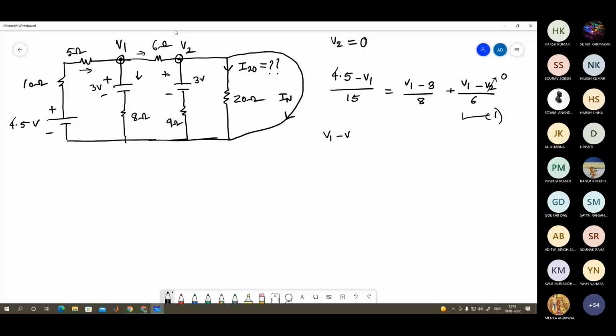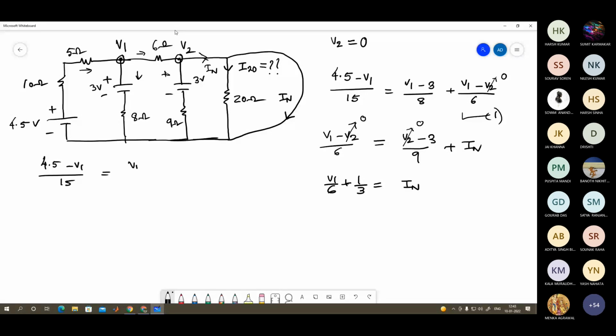So you get the direct relation: V1 by 6 plus 1/3 is equal to your IN. This is one equation.